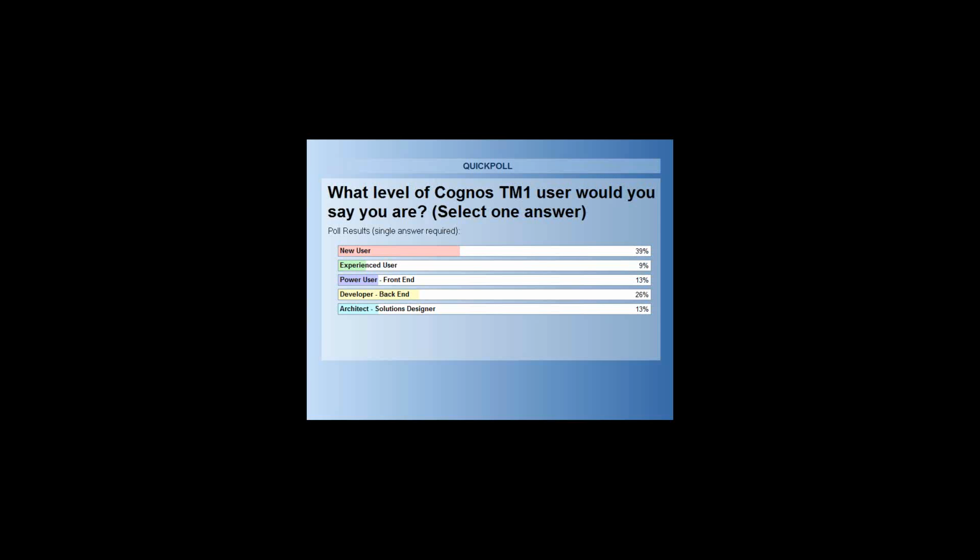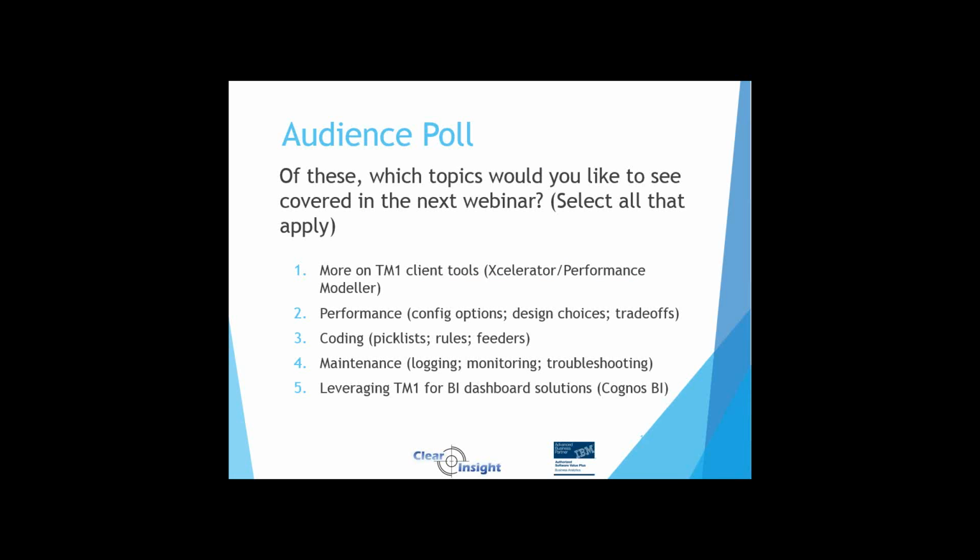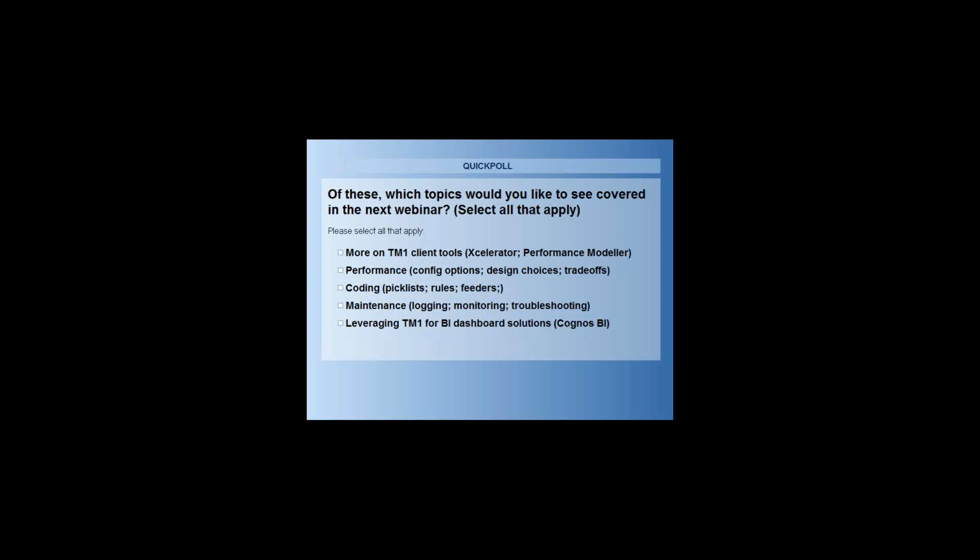Again, you can select all that apply here and let us know which ones you would like to see more of. And a reminder that this webinar was intended for the business analyst, to carry you through insights around how folks who would regularly use TM1 could get tips and tricks, as opposed to some of our more advanced webinars around details in building TM1 solutions.